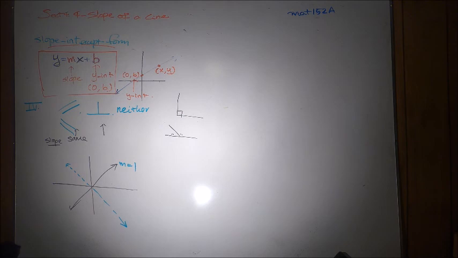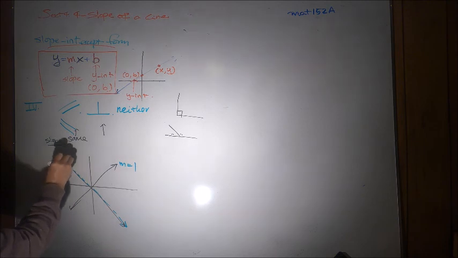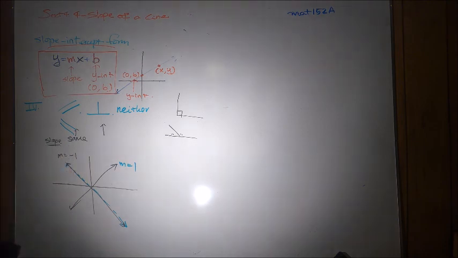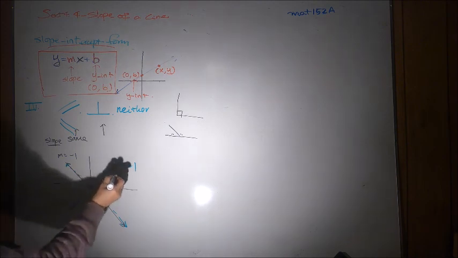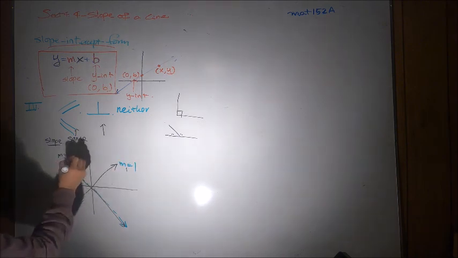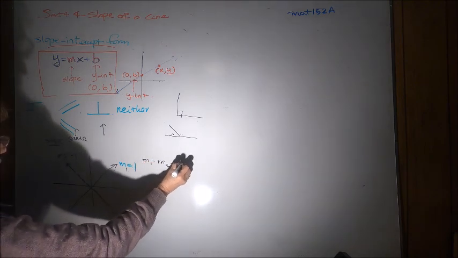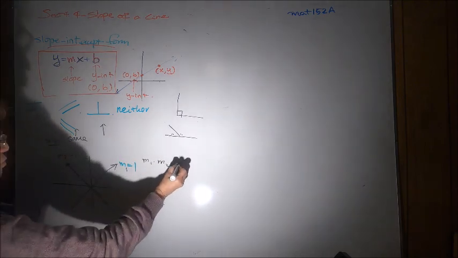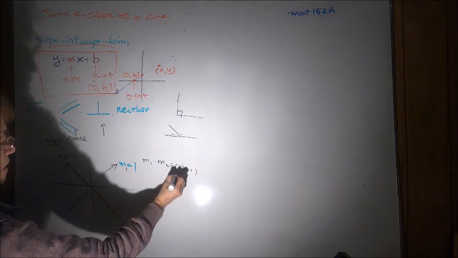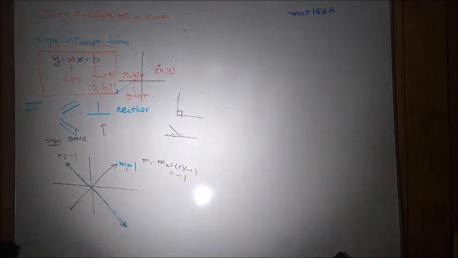So what's the slope? The slope will be what? -1. So if you multiply these two slopes, 1 and -1, that will be what? 1 times -1, that would be -1, right?